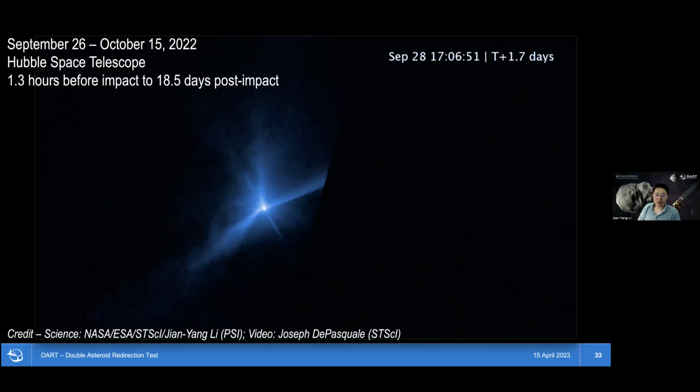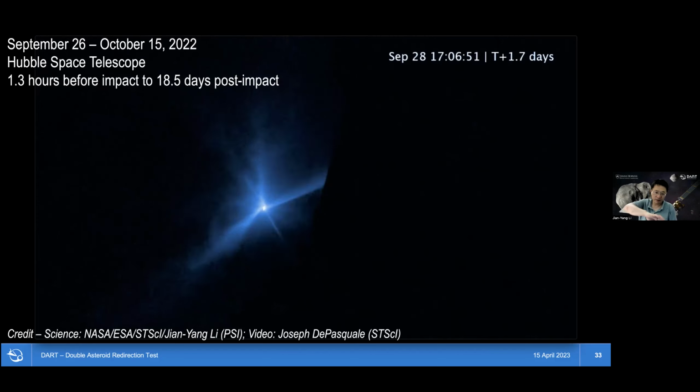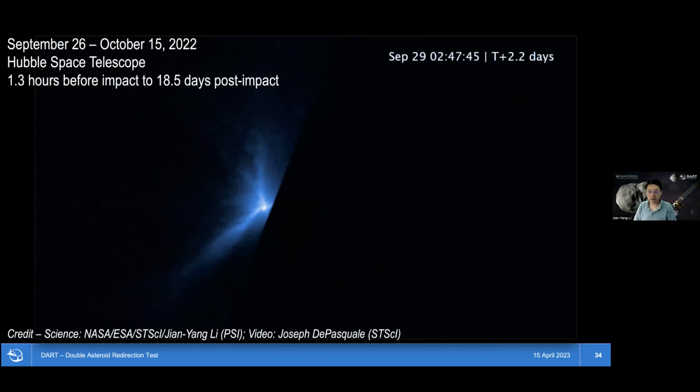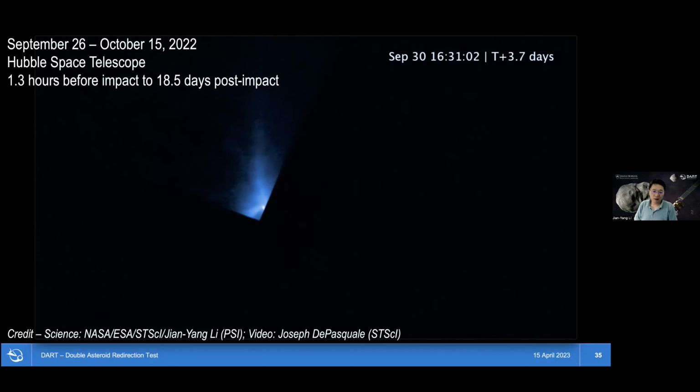If the ejecta are not very fast, if they're kind of slow, then we're going to see the orbital motion of that dust, and that process created this kind of spiral shape. So if I flip back and forth a few times, it feels like these features are rotating right around Didymos. That's a very interesting feature that we did not expect before the impact. Very surprising, very interesting.